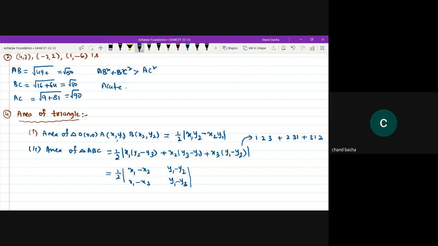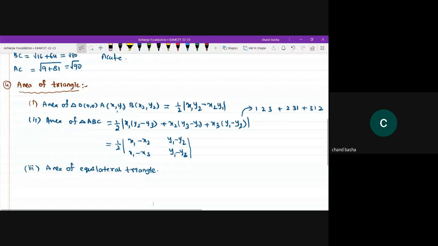But the third one is important for us. Point number 3: area of equilateral triangle. Here again 2 formulas are given to you.